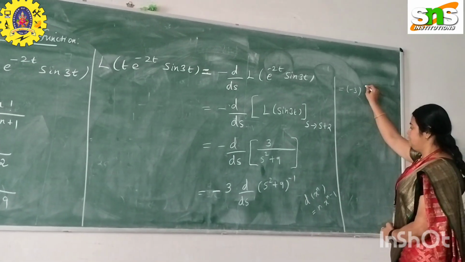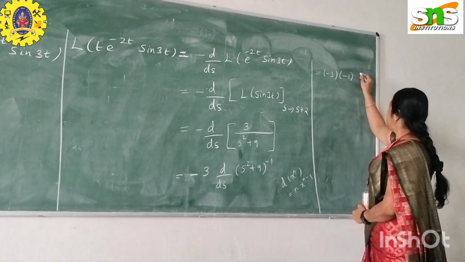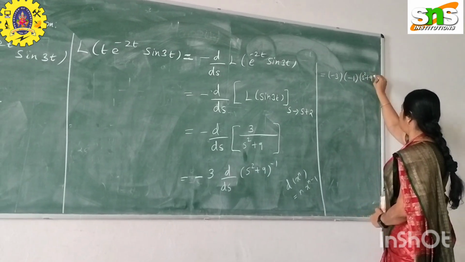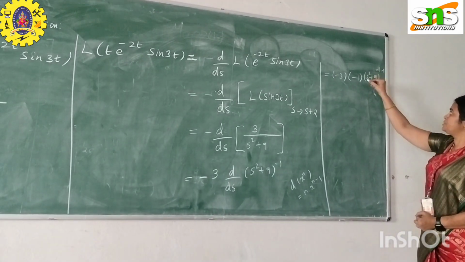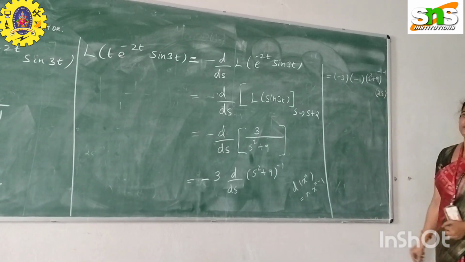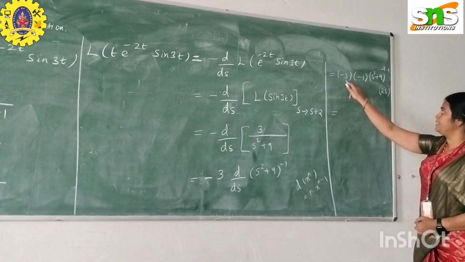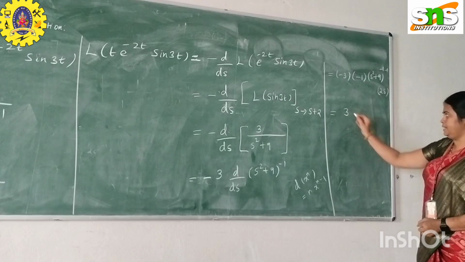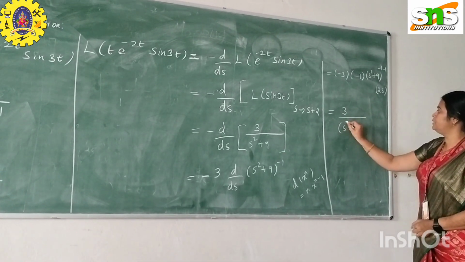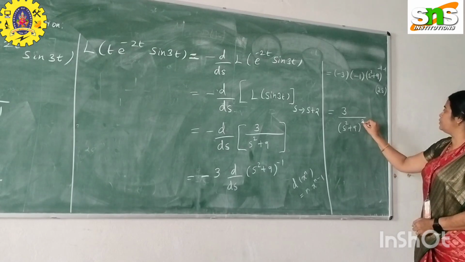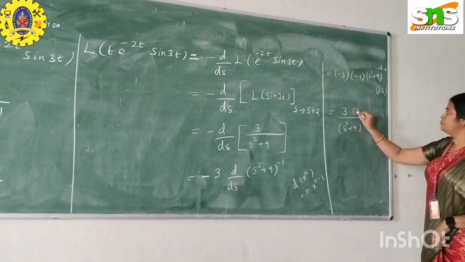So in this case minus 1 into s square plus 9 whole power minus 2, and into the differentiation of s square, we get 2s. Which is equal to minus 3 into minus 1 is plus 3. And this comes to the denominator: s square plus 9 the whole square into 2s.